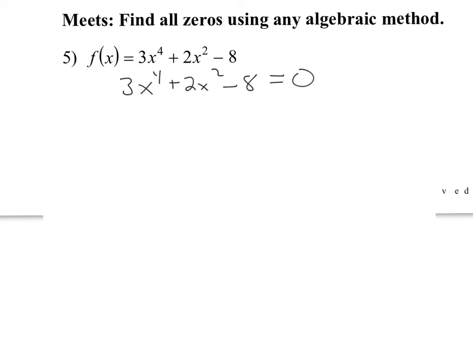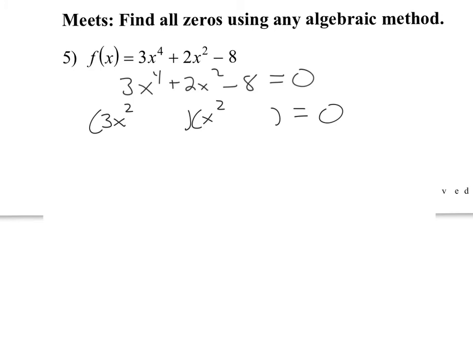But the pattern here is instead of x squared, x, then a number, it's x to the 4th, x squared, then a number. So when you see x to the 4th then x squared then a number, we need to realize that that is still going to be able to factor, still going to be in this format right here, but we're going to put 3x squared here and x squared.